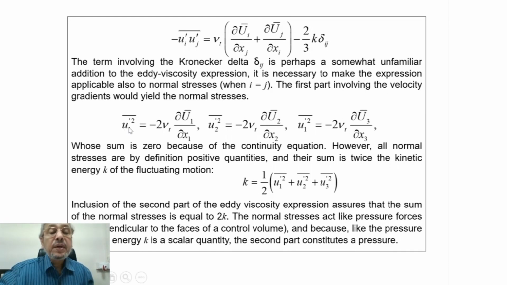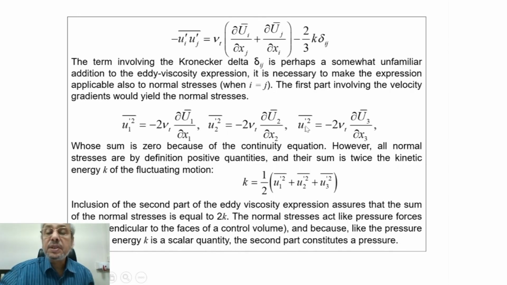Then we can write u1 prime square bar equal to minus twice nu t del u1 bar over del x1 plus the extra term. Then for u2, another will be u2 prime square bar, equal to minus 2 nu t into del x2 of u2 bar, and this should be u3, and this one should be substituted by 3.